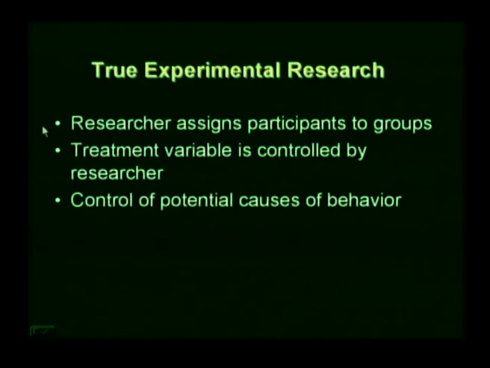In true experimental research, the researcher assigns participants to groups. The treatment variable is controlled by the researcher, and control of potential causes of behavior is done. So we need two groups in this type of research. One group goes through the treatment that the research is aiming to conduct.